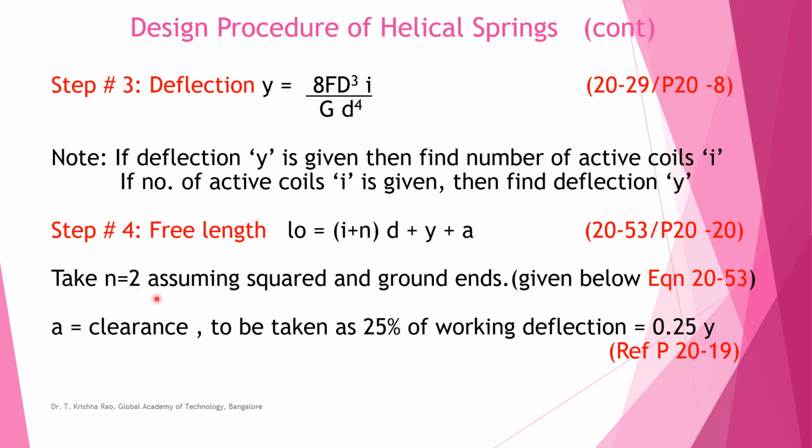N equals 0 for plain ends, N equals 1 for squared or ground ends, either one, and N equals 2 for squared and ground ends, where both are done. This is also given below equation 2053.